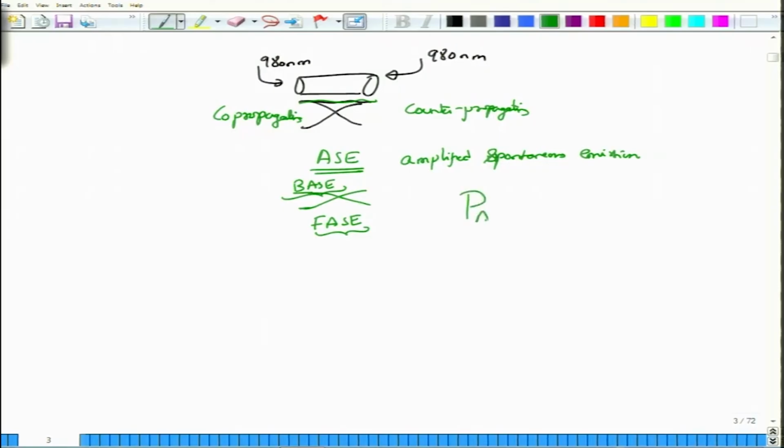If you look at the average power because of the ASE that is spread out over the band we were looking at, the average power depends on the spectral density of the ASE noise, which is quite flat and has a range which is quite wide.